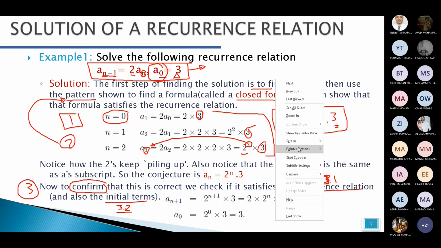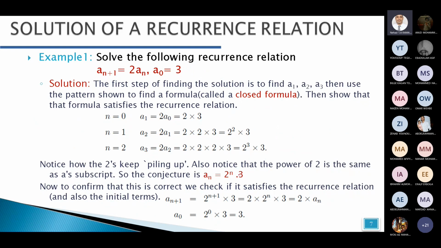How do we find if it satisfies it or not? It's easy. We have the solution. We will apply this solution to the recurrence relation. If this general term satisfies it, meaning it gives us the recurrence relation, then it's a true solution. So we will start from the recurrence relation.